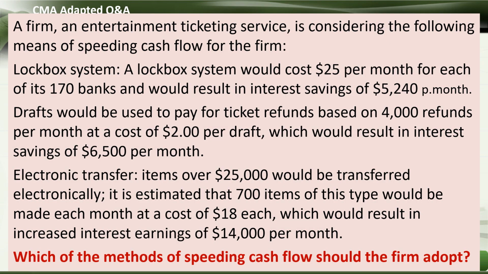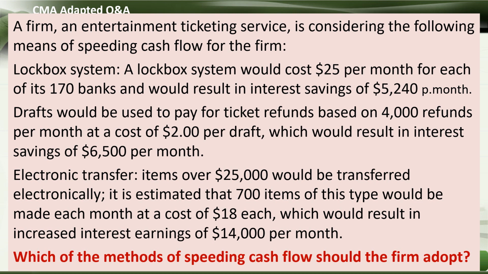So next question: a firm, an entertainment ticketing service, is considering the following means of speeding cash flow. A lockbox system would cost $25 per month for each of its 170 banks and would result in interest savings of $5,240 per month. Drafts would be used to pay for ticket refunds based on 4,000 refunds per month at a cost of $2 per draft, which would result in interest savings of $6,500 per month.